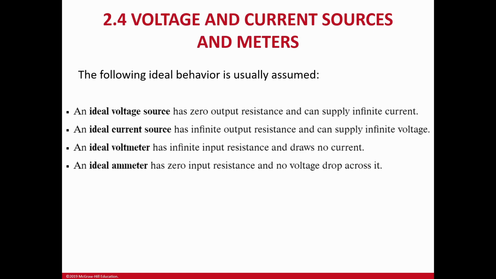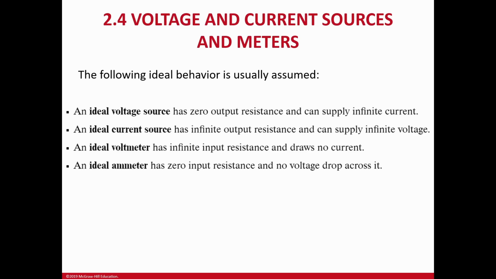It depends on your resistance. Sometimes we need a high current, so you need a low resistance. If you need to supply infinite current, of course it's impossible, but that means you have low resistance.